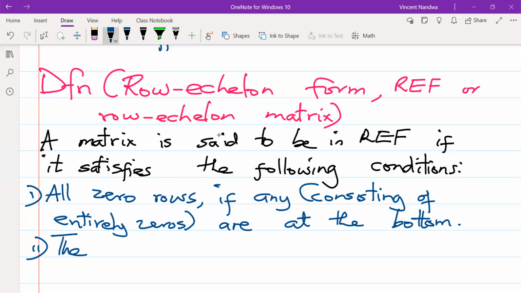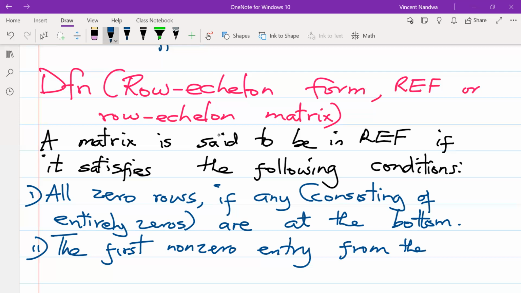Then the next condition: the first non-zero entry from the left in each row is a 1.